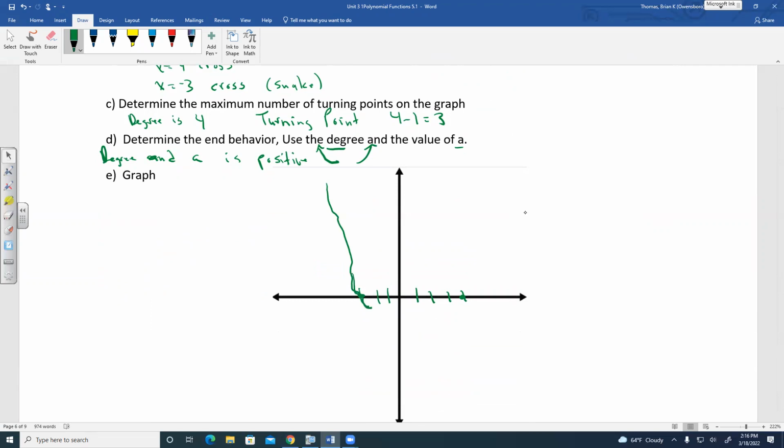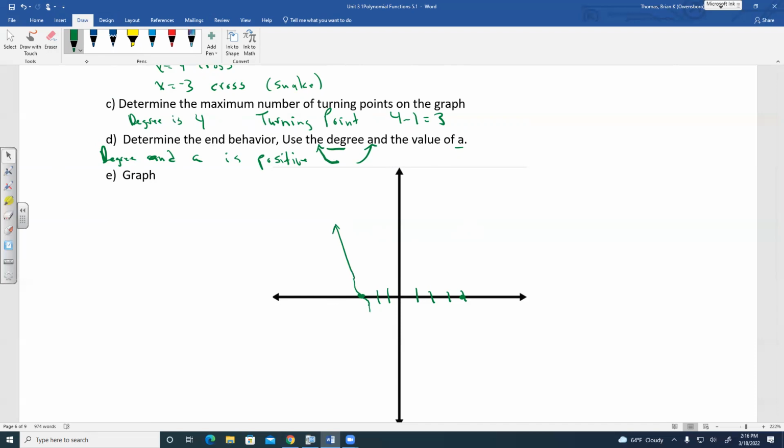Okay, so let me do a little bit better job of that. That looks really rough. So see if I can make a snake. Something like that.